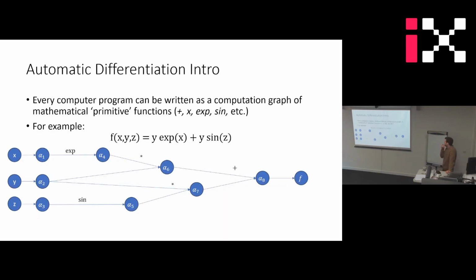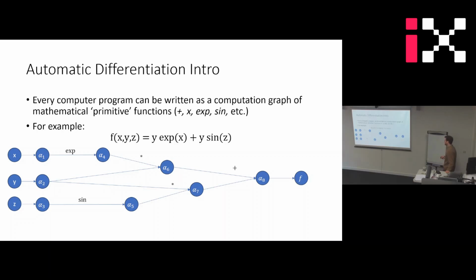So here's a very, very simple example to go through how it works and which form of automatic differentiation we want to use. A computer program is a bunch of mathematical functions all done in a certain order. As I said at the beginning, when we're doing differential equations, we make them into algebra. So again, it just boils down to these primitive functions.